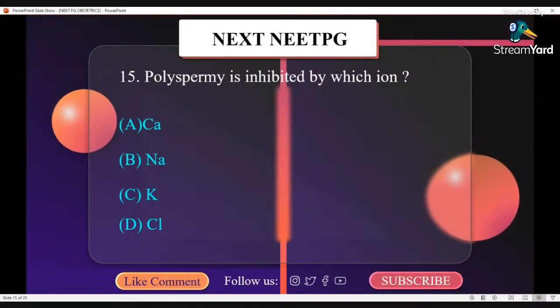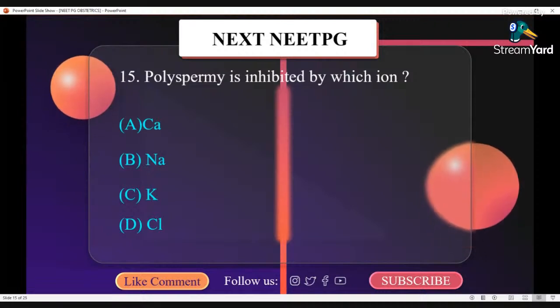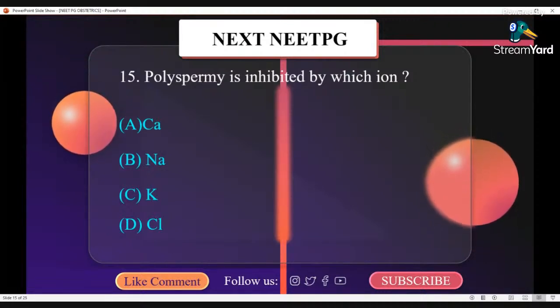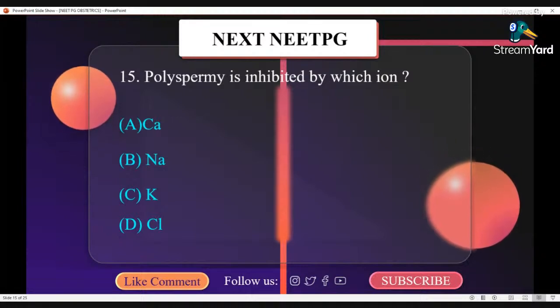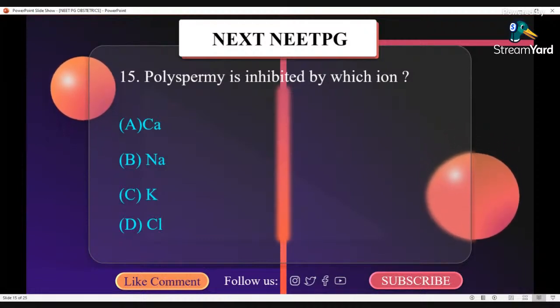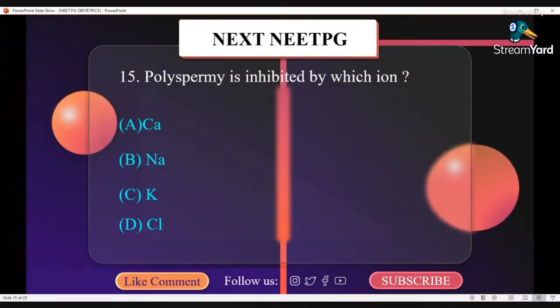Polyspermy is inhibited by which ion? A, calcium. B, sodium. C, potassium. D, chloride. Which ion inhibits polyspermy? Think about it. I will give you some time. Polyspermy is inhibited by which ion?